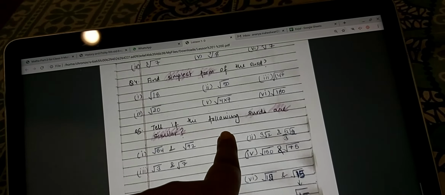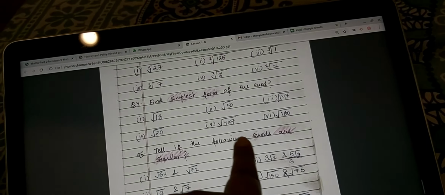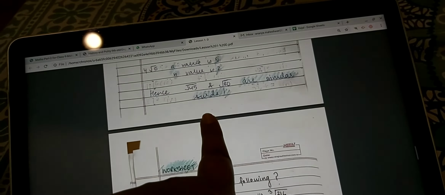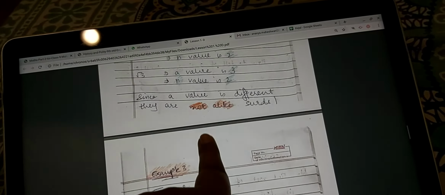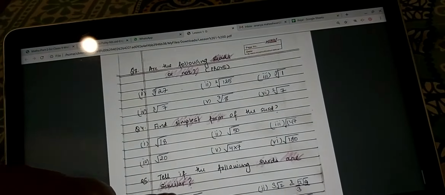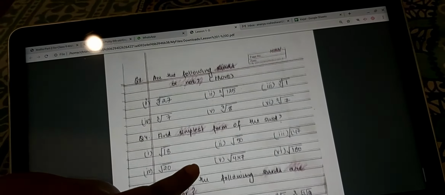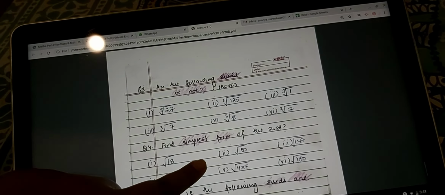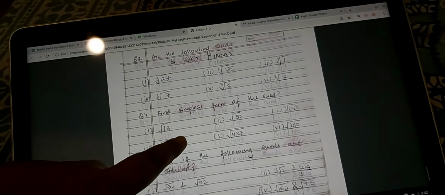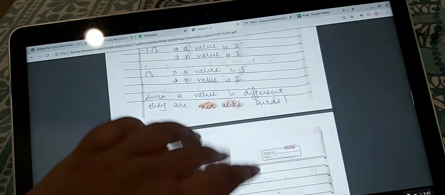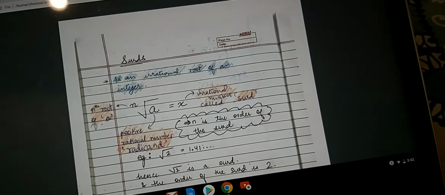Okay, you're going to find if they are similar or not, which is these questions. Are these similar? Are they not similar? You're going to find them. Okay. So simple, not very difficult. It's a very simple concept.